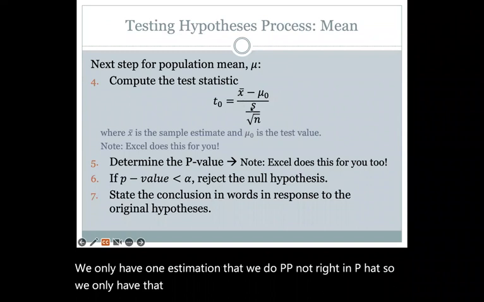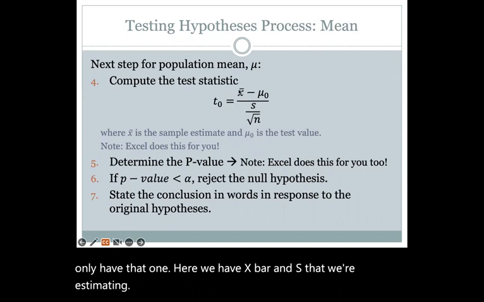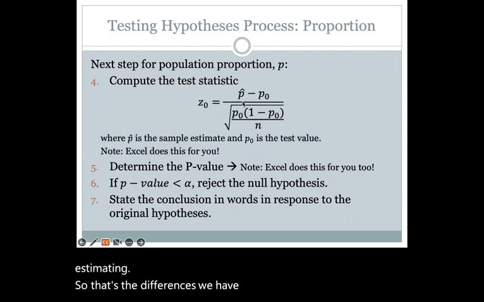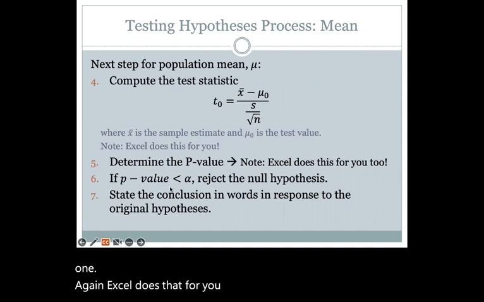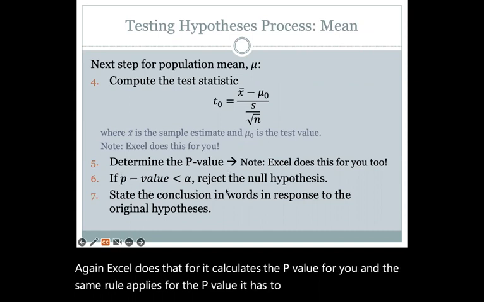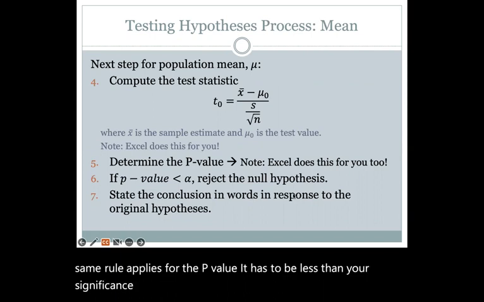Here we have x bar and s that we're estimating. So that's the difference. We have two calculations here. Here we have one. So again, Excel does that for you. It calculates the p-value for you, and the same rule applies for the p-value. It has to be less than your significance level, and then you'll rephrase it in terms of the realistic context.